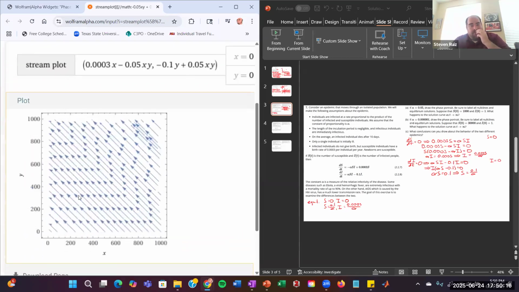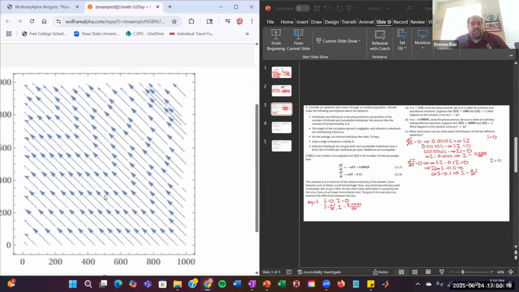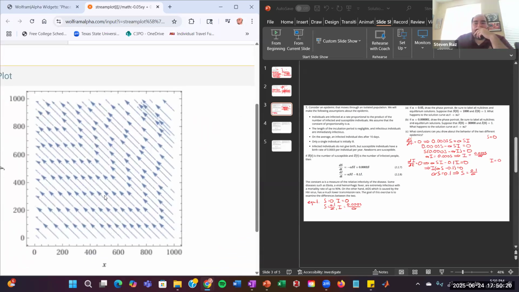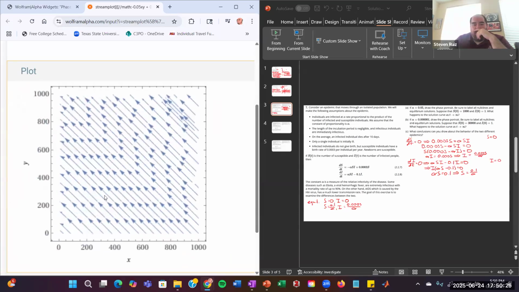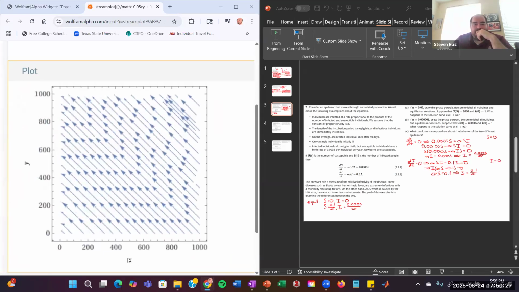Very, very consistent behavior, but now let's talk about what this means. So remember again that X is the variable that stands for the number of people who are susceptible, so the ones who are healthy but could be infected, and Y, which is the vertical axis, those are my people who are getting infected.